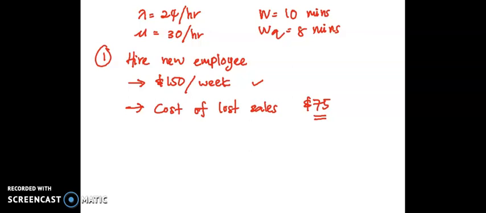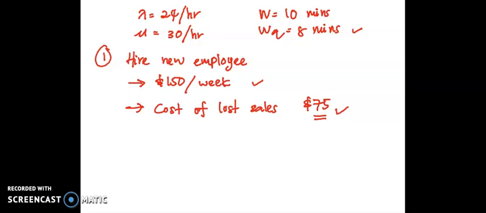For each minute the waiting time is reduced, the store will avoid the cost of lost sales, and the value is 75. That means originally you have 8 minutes in the queue, and if you reduce to 7 minutes, 1 minute is equivalent to 75. So you have already saved 75.